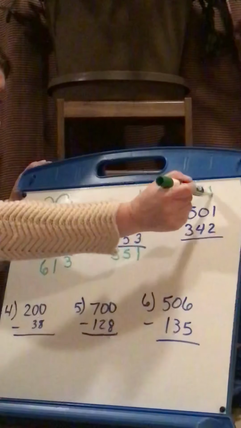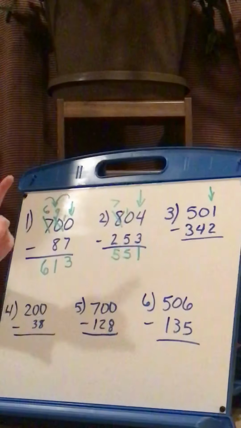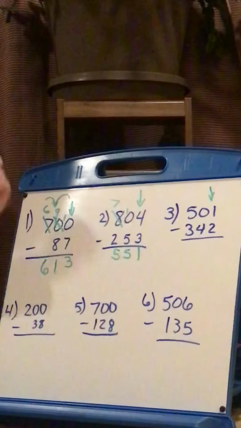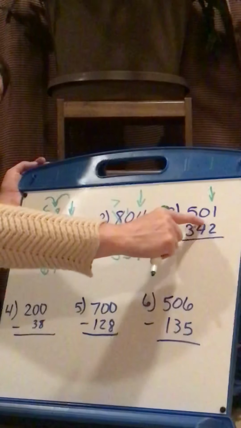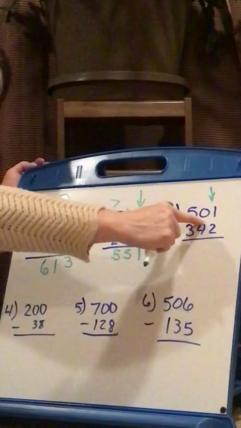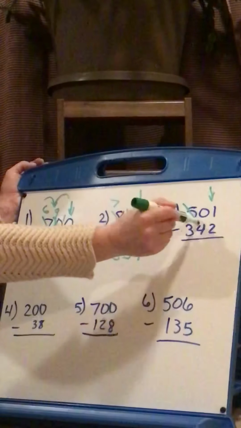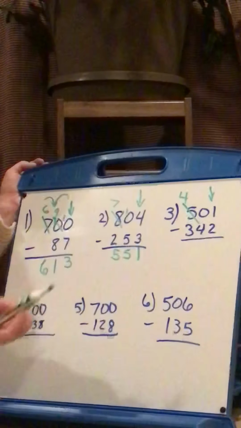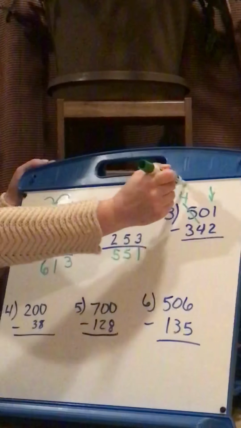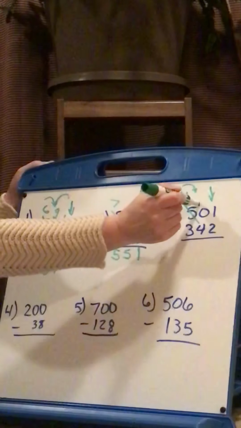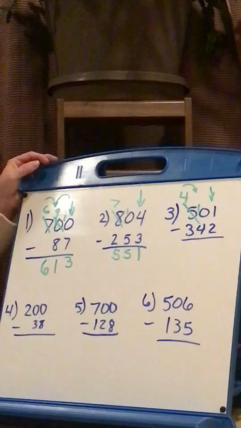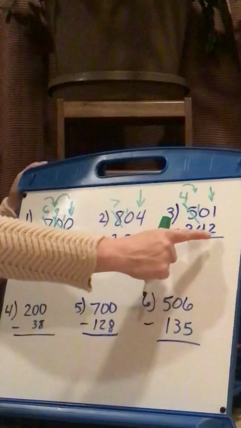All right, let's go to number 3. I'm starting the ones column. I have 1, and I can't take away 2. So I'm going to go to the tens, and I go, uh-oh, I have a 0 here. So I have to go to the next house, which is the hundredths. And I'm going to borrow from the 5. That's become a 4. Then I'm going to work my way back to the tens. I'm going to put the 1 here. Okay. Now, before I subtract, I'm going to borrow.